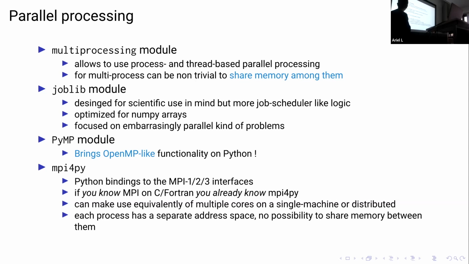And then there's the Joblib module, but the multiprocessing one is more general. Joblib is more designed like, well, you already got the Slurm formation. You know that to run jobs on the cluster, you have to submit scripts to a job scheduler, and if there are no resources available, it stays in the queue, and then it will run at some point. Joblib follows a bit of that kind of logic.